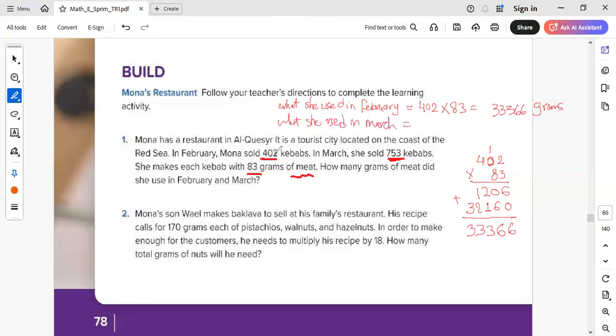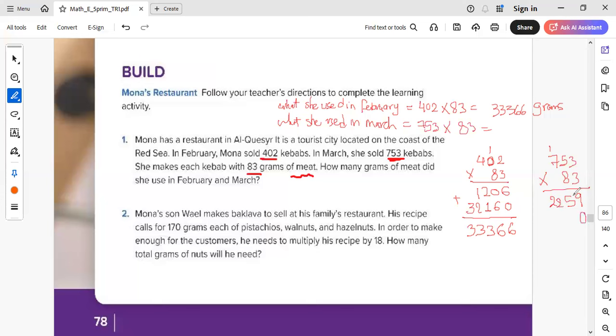So we have to multiply the number of kebabs she sold in March, 753, by 83 also. Okay, so we will repeat this multiplication again, but 753 by 83. So 3 multiplied by 3 equals 9, 5 multiplied by 3 equals 15, 5 and carry 1, 7 times 3 is 21, plus 1 is 22.